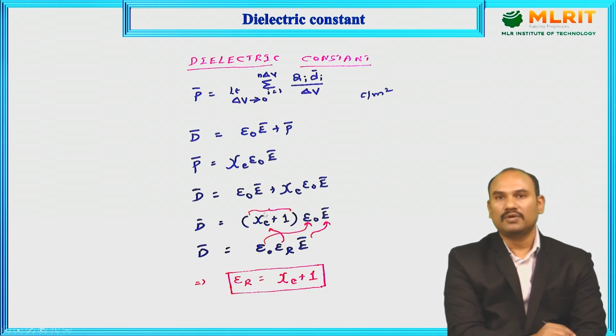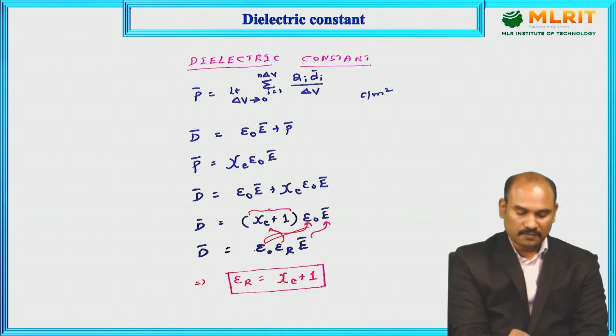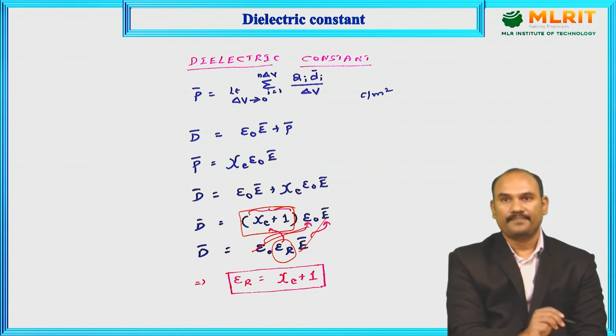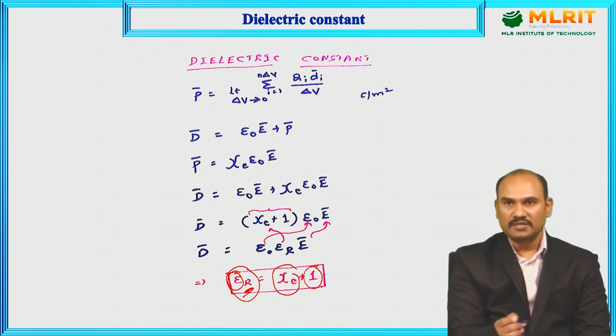On making one-to-one comparison, that's why I have indicated with pink lines. We have one-to-one correspondence, epsilon naught, E bar. So the remaining is epsilon r, which is 1 plus xi e. So the R means relative, epsilon means electric permittivity. The relative electric permittivity is susceptibility plus unity. One means unity.